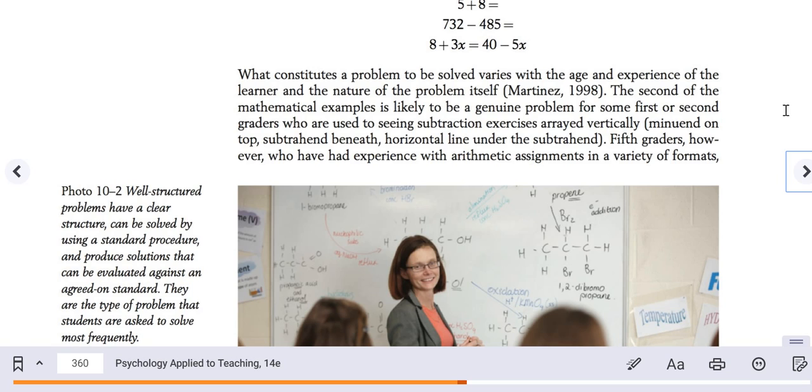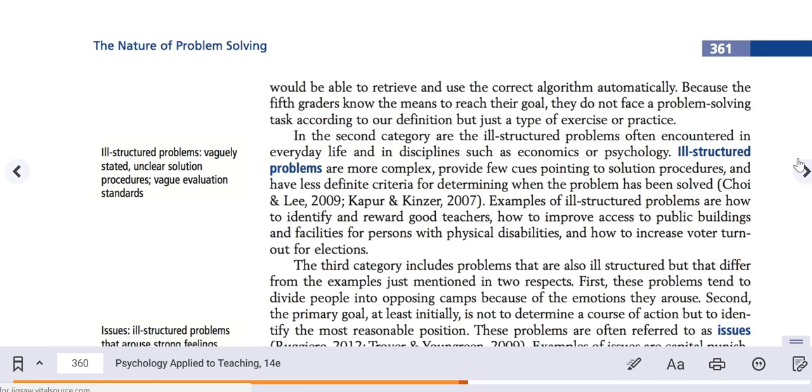Fifth graders, however, who have had experience with arithmetic assignments in a variety of formats, would be able to retrieve and use the correct algorithm automatically. Because the fifth graders know the means to reach their goal, they do not face a problem-solving task according to our definition, but just a type of exercise or practice.